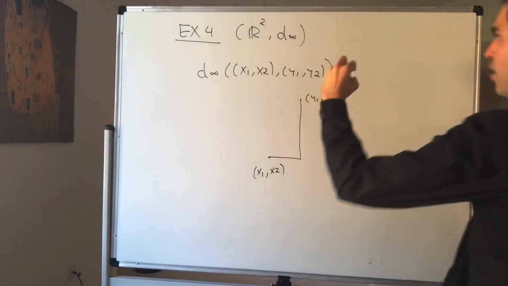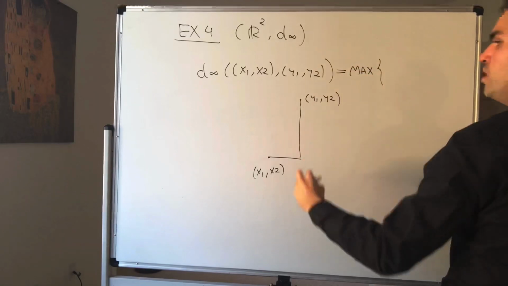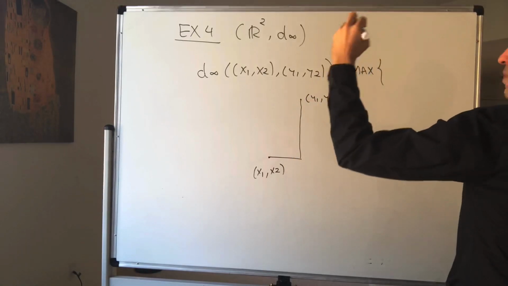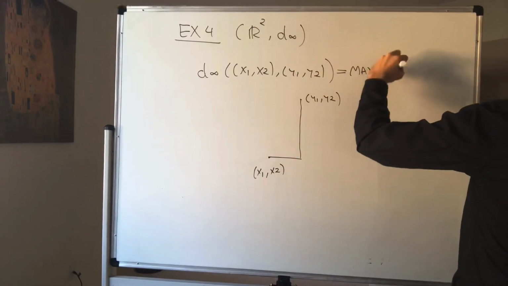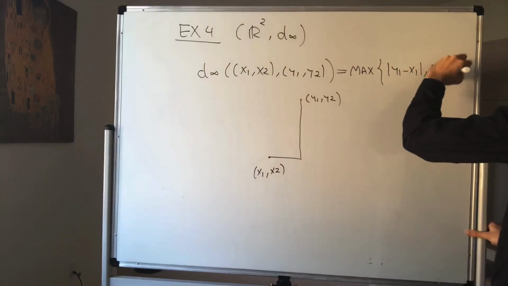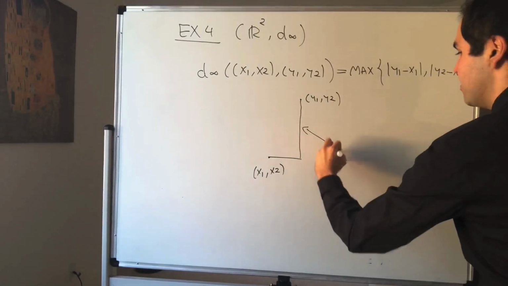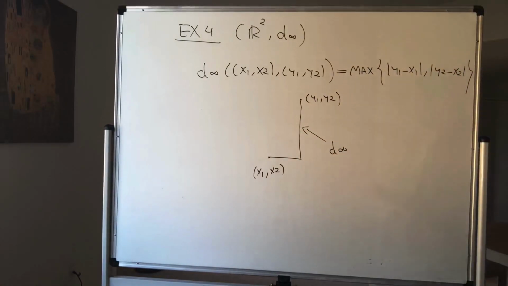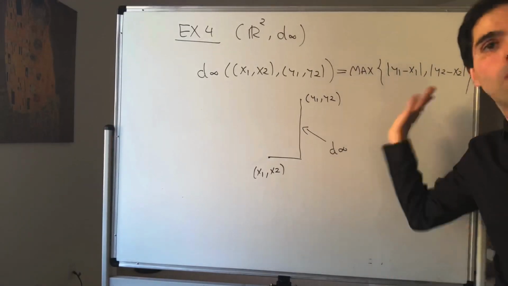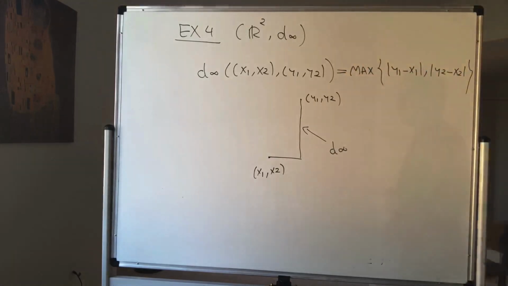In other words, it's the maximum of those two distances: the maximum of absolute value of y1 minus x1 and absolute value of y2 minus x2. So in this case, it's the infinity distance between the two points. I don't know what it's useful for, but just to show you there are other exotic metrics on R2.